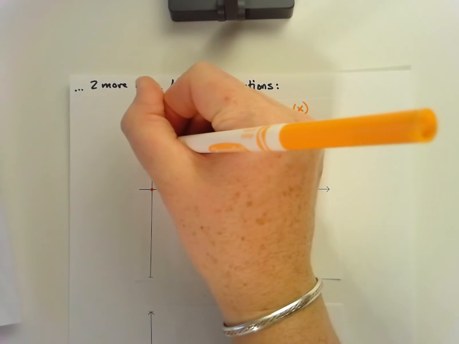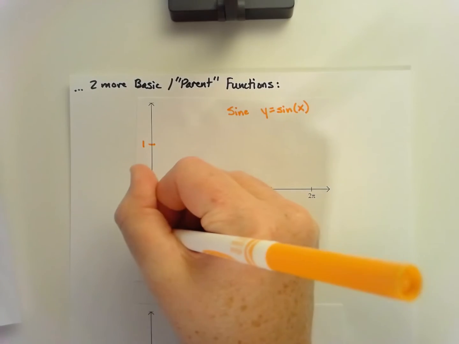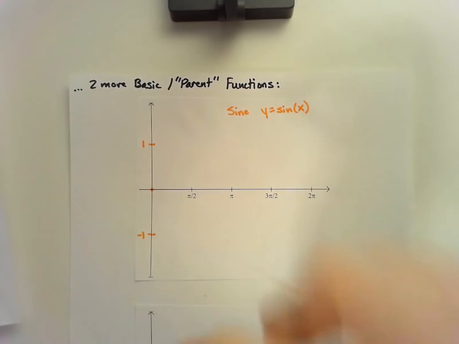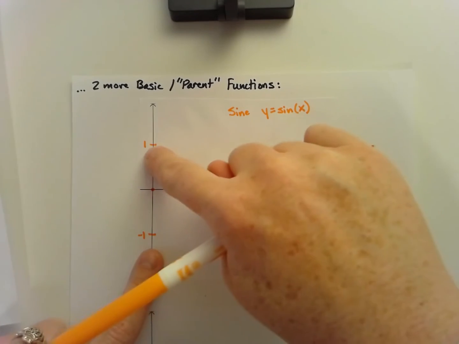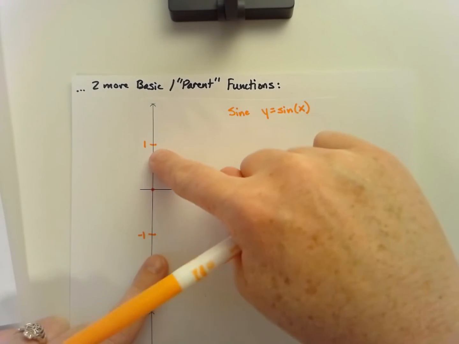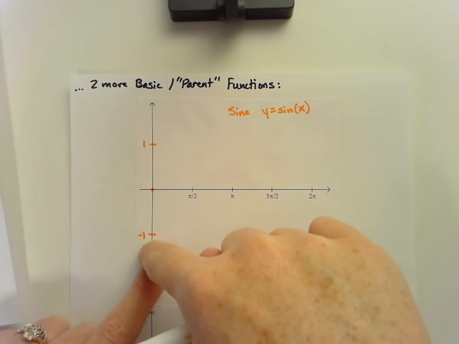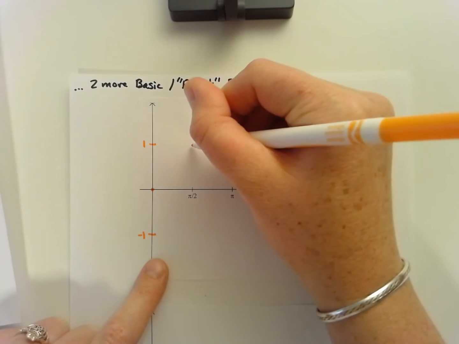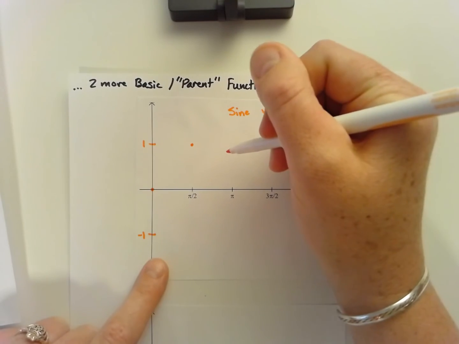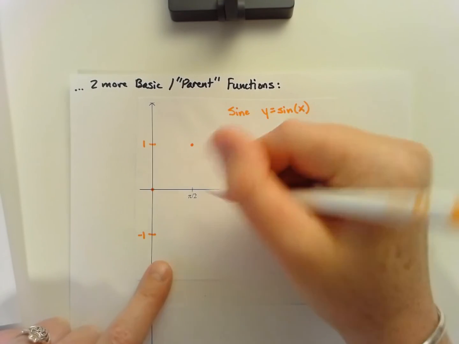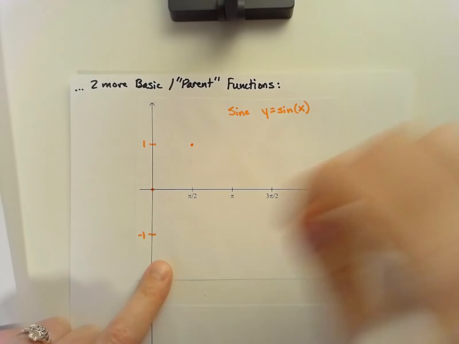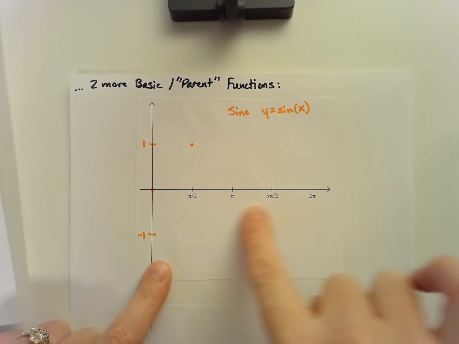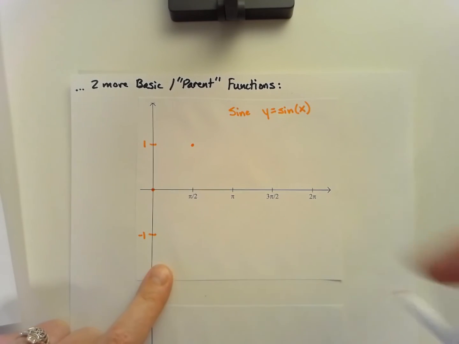So take a minute to actually sketch this one with a few details involved. So if we have a y-axis that goes from 1 to negative 1, the sine function is going to start at 0, and at pi over 2, put a little dot right there at 1. And then at pi, you can just make these kind of equally spaced out and just label them for now like this, and we will certainly talk more about that when we get to trig.